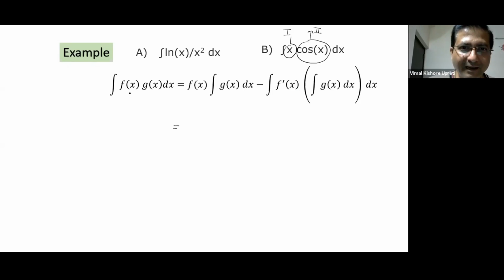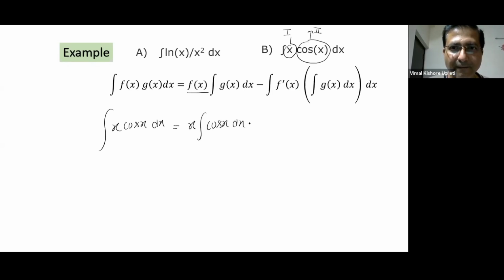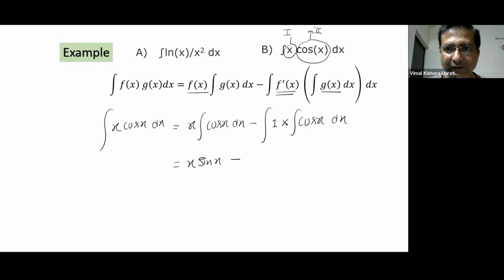Okay, let's start. What format do we have? x cos x. So first I'll take this x out, then I need to integrate cos x, which gives sine x. Minus, the differentiation of the first function, x to the power 1, is 1, into the integration of cos x, which is sin x dx. And then I need to integrate this: the integration of sin x is minus cos x.